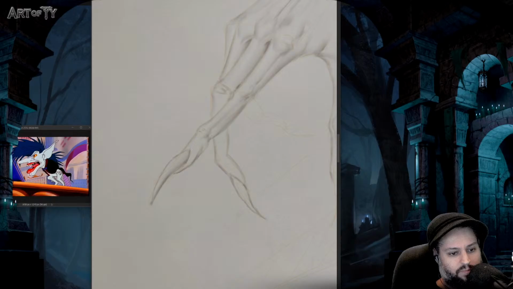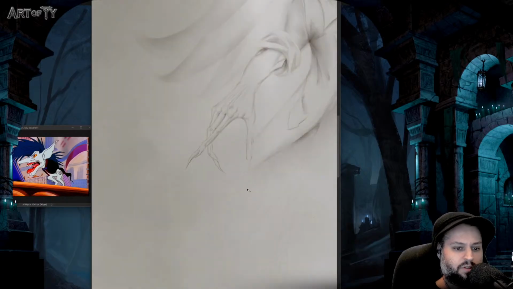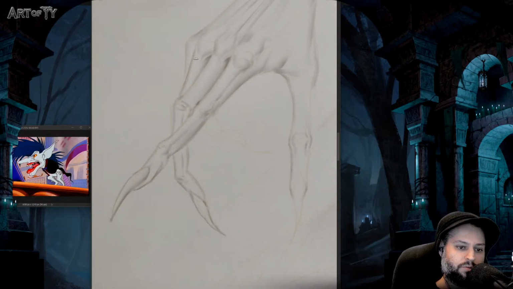You can glean a lot from a person by just looking at their hands, right? They're just insane. They're a lot of fun to work on and capture some of the gestural nuance.